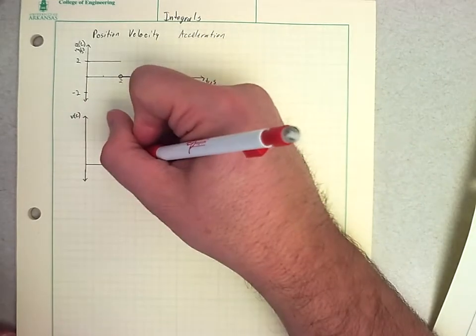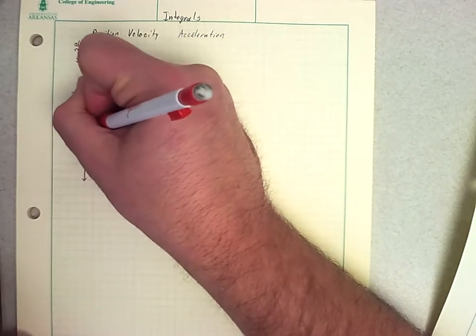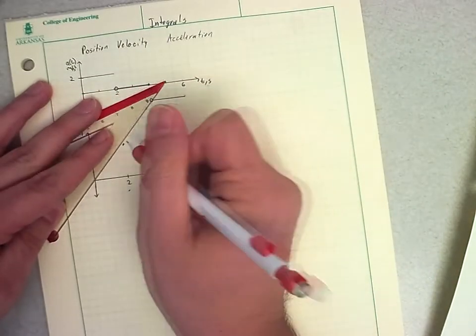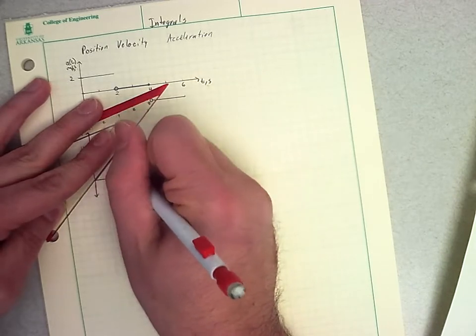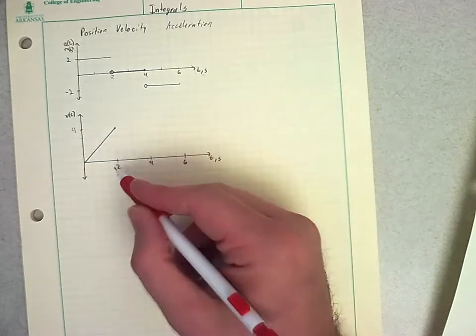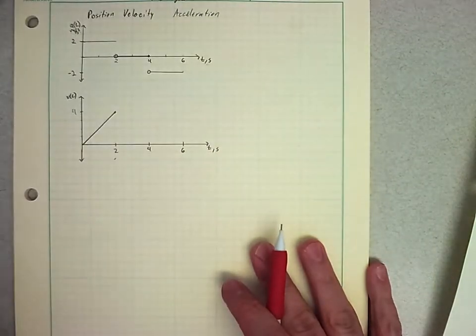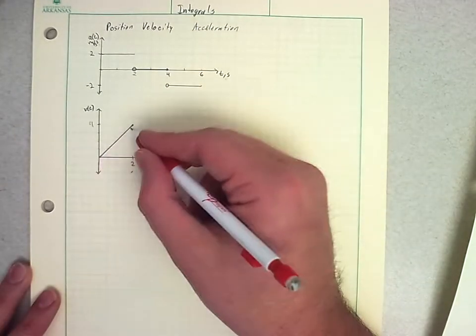So we know here it goes up to 1, 2, 3, 4 at time 2. That may look like a slope of 1 just because I used 2 squares here and 1 square there. Sorry that the slope may be stretched or skewed a little bit. But yeah, it goes from 0 to 4.